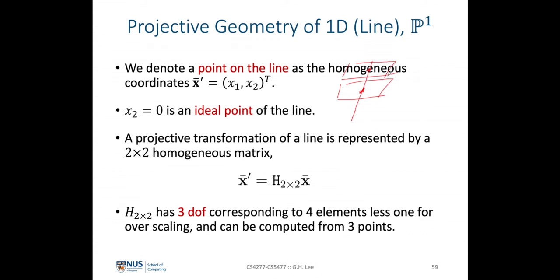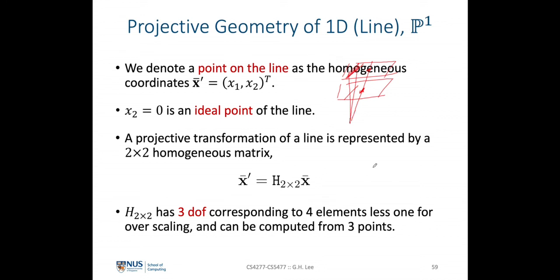And in the case of the line, it would be the intersection of a plane with the line that forms all these lines and the representation in homogeneous coordinates. So here it gives us an intuition that a point becomes a ray when we represent it in homogeneous coordinates, and a line becomes a plane in homogeneous coordinates.